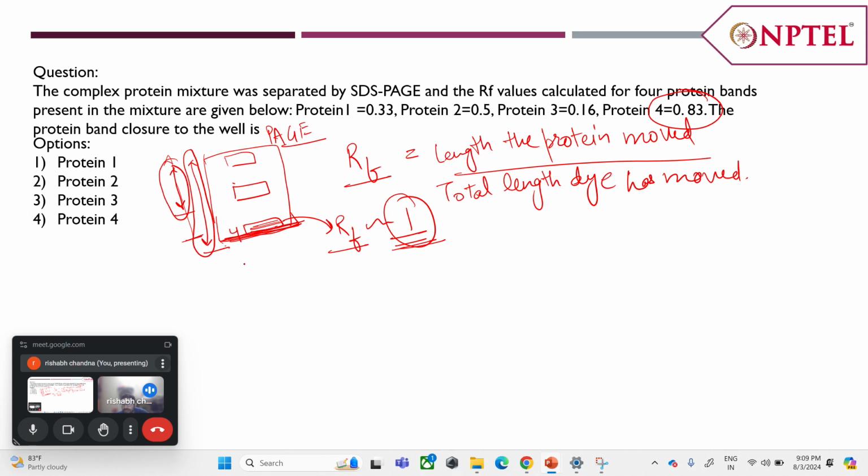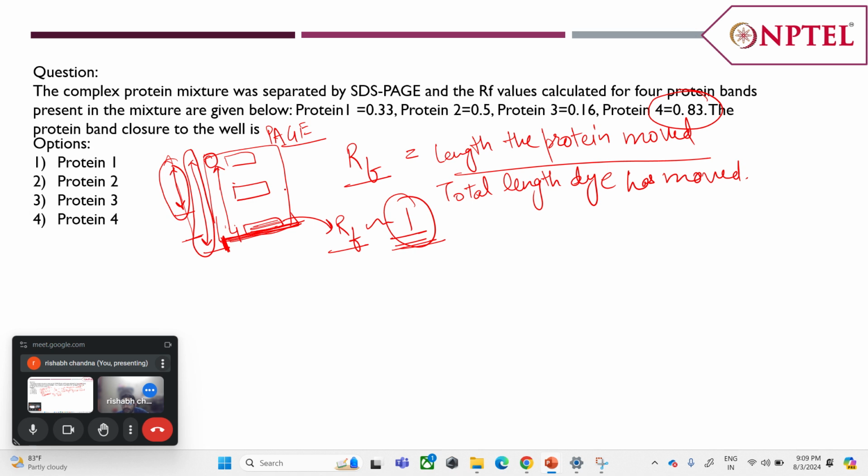Now as we move from the farthest point of the gel to nearest to the well, the RF value would decrease. So here the RF value would be 0 and here the RF value would be 1.